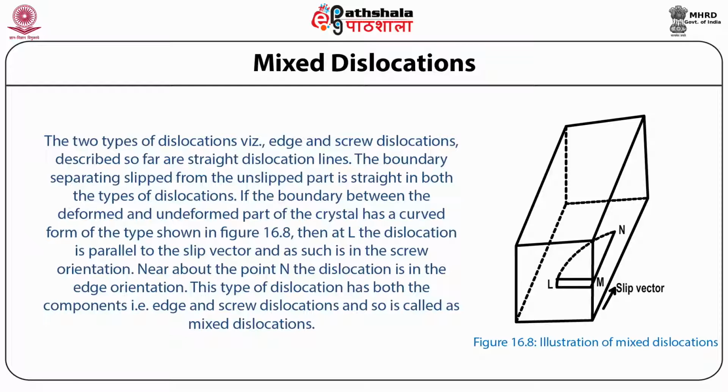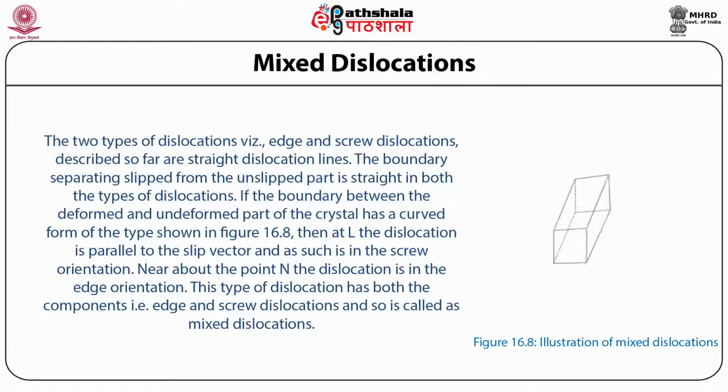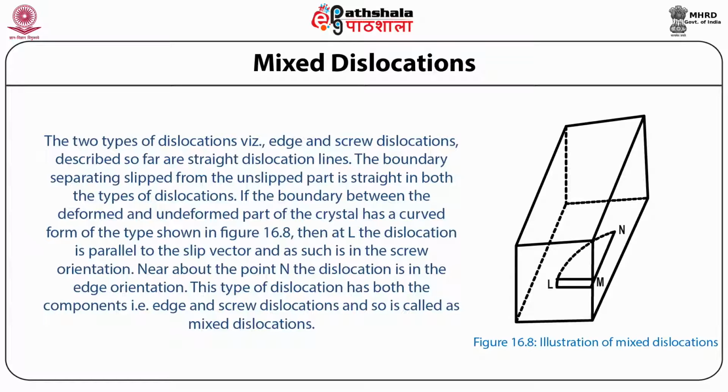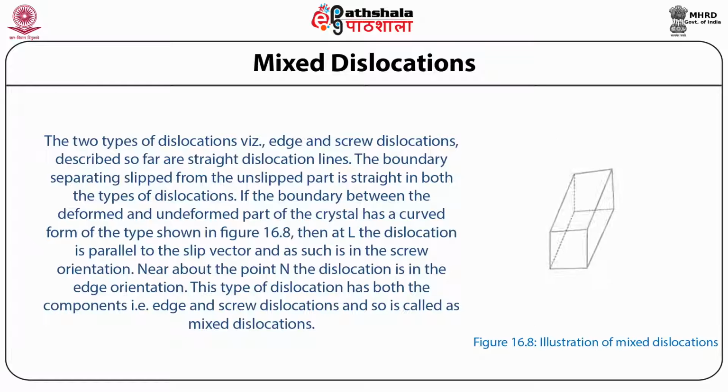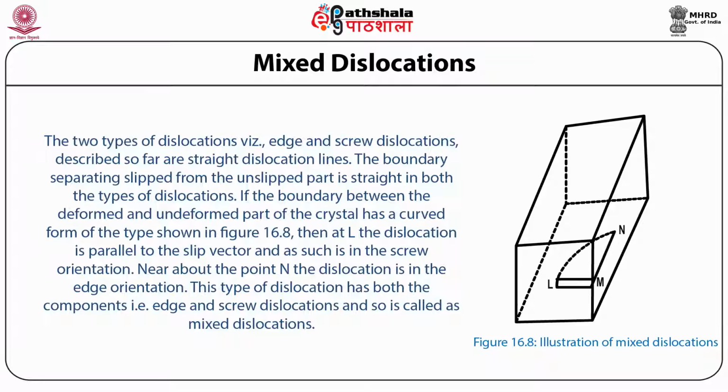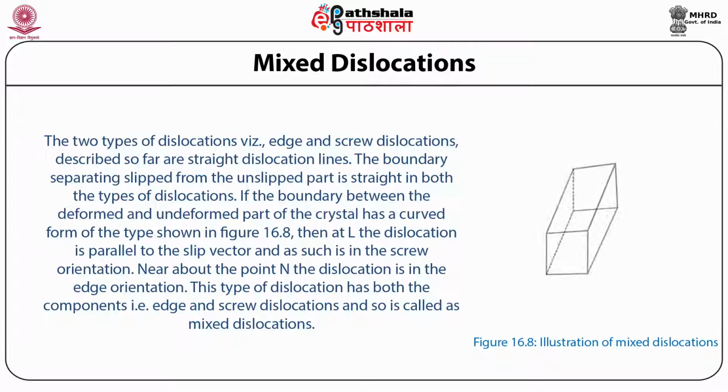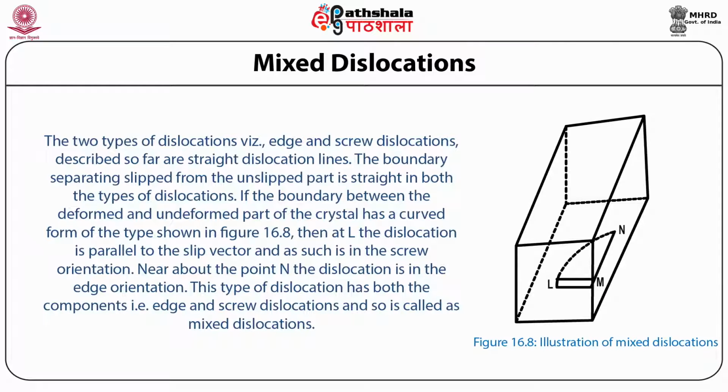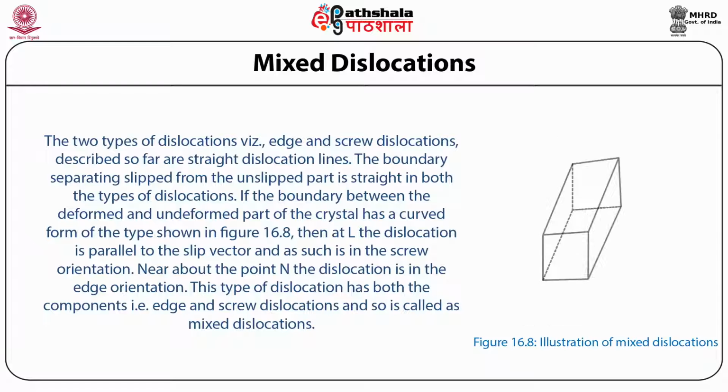Near about the point N, the dislocation is in the edge orientation. This type of dislocation has both components, that is edge and screw dislocations, and so is called a mixed dislocation. In figure 16.8 is shown how mixed dislocations are formed.